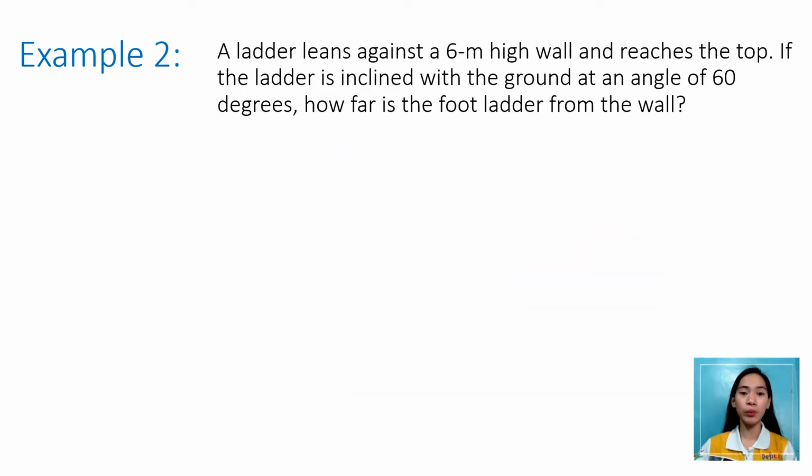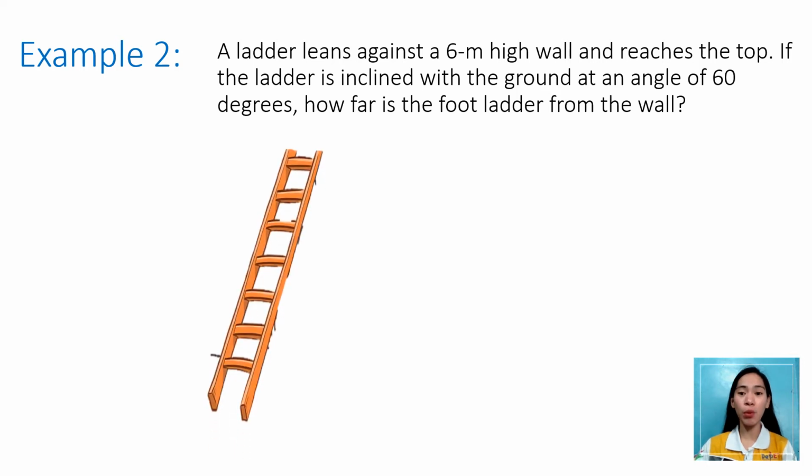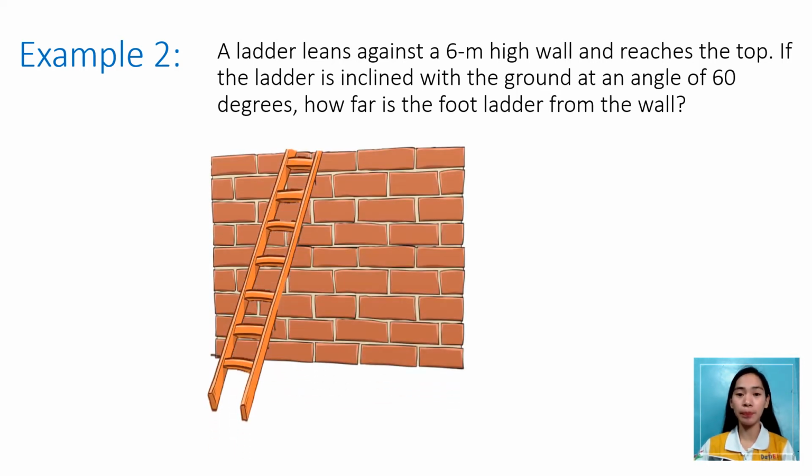Example number 2. A ladder leans against a 6-meter high wall and reaches the top. If the ladder is inclined with the ground at an angle of 60 degrees, how far is the foot from the wall?